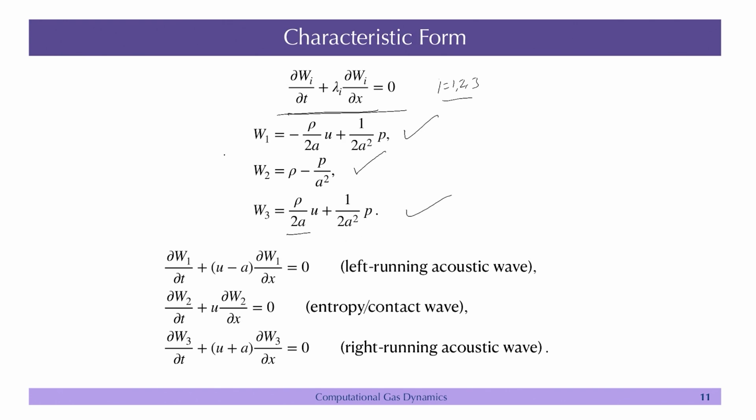So, these two are basically called the acoustic waves, and this is, in fact, you can go and show, equivalent to the equation ds by dt equal to 0. We will come back to this, where s is the entropy. So, this is called the entropic wave.